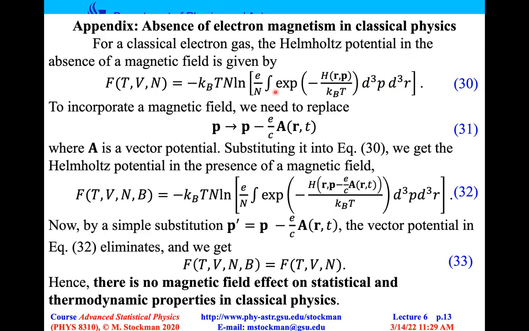Now we need to incorporate magnetic field, this is without magnetic field. So we need to incorporate magnetic field, and the recipe is known. We need to replace P by shifted P, what they call kinetic momentum, kinetic impulse or pulse.